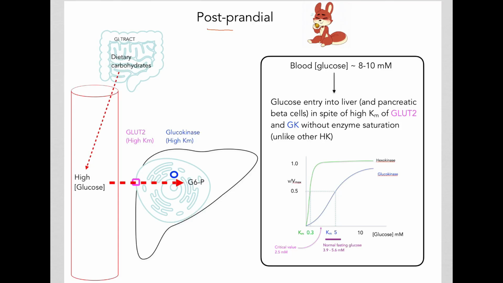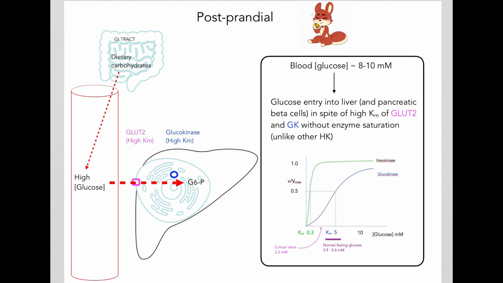So after a meal, the glucose concentration is the highest, about 8 to 10 millimolar. And when the concentration is very high, so we are talking about 8 to 10 millimolar, somewhere here, we can see that the rest of the hexokinases are saturated and are working at maximum capacity to take in glucose, while the glucokinase is also working very well to take in glucose, but it's not saturated.